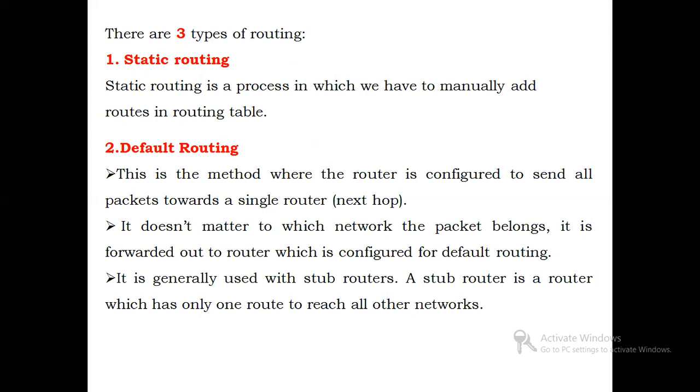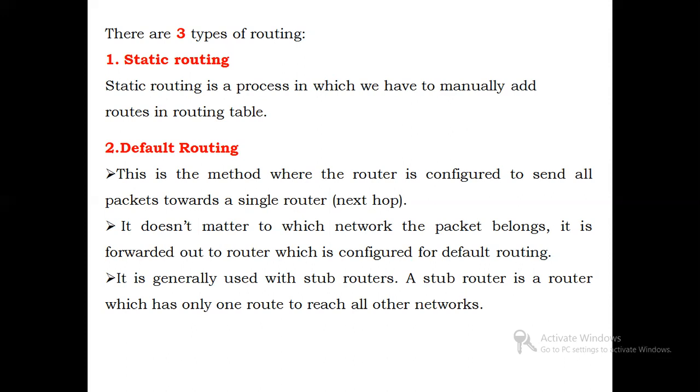The second one is default routing. This method is suitable to connect end-to-end devices or to connect to the internet. It is a far better technique than static routing. Here, the router is configured to send all packets towards a single router.